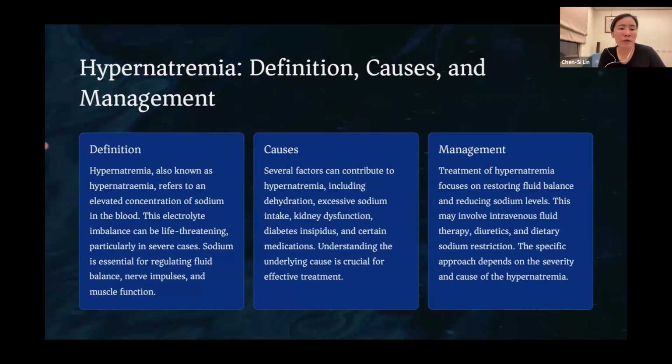And also for hypernatremia cases, we can use diuretics. We need to do some dietary sodium restriction to help the animal recover from the hypernatremia condition.